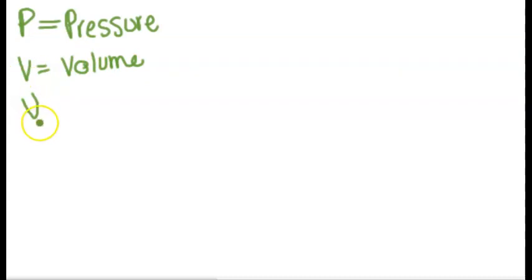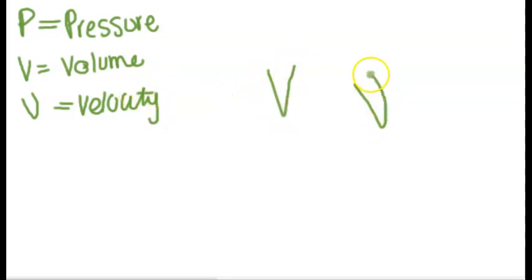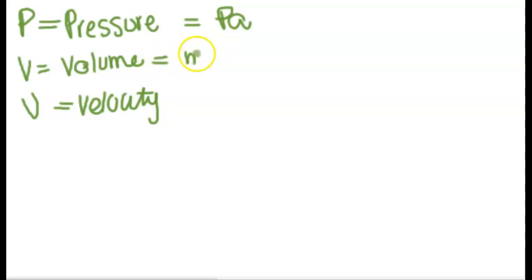Now there's a difference between that V and that V. The top V is the volume, the bottom V is the velocity. One V is like that, and the velocity V is like this. So there's one arm that is a little bit curved. So the pressure is Pascal. The volume is meter cube. The velocity is meter per second.